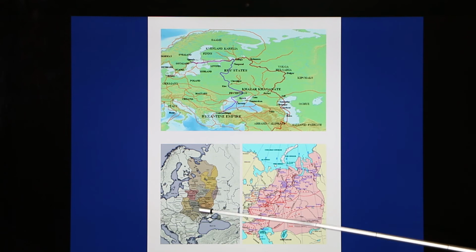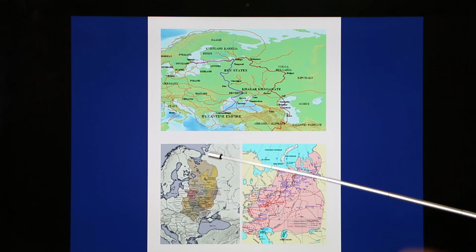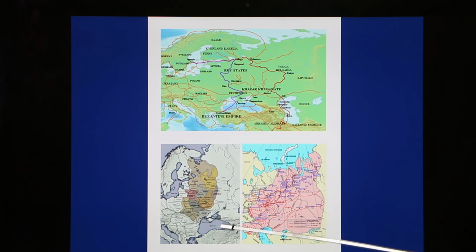And the Rus states become a blob of land between Scandinavia and the Black Sea, and that expands and becomes the Volga Bulgarian Empire. And this is supposed to be where Russia comes from.